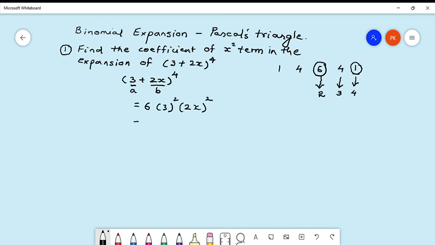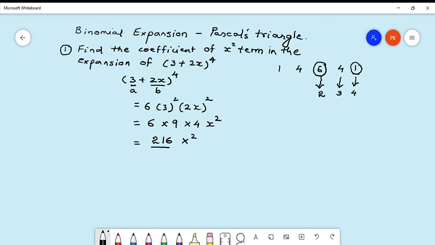And now simplify this. So 6 into 9 into 4x square, and that is 216x square. You want a coefficient.